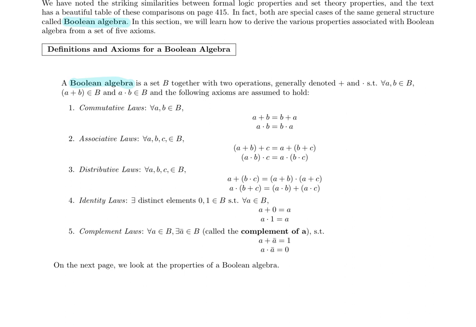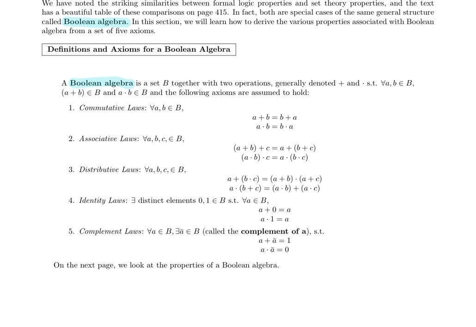Oftentimes the way we can think of Boolean algebra in relation to sets is if we see 1, we can think of the universal set. If we see a 0, we can think of the null set. And this will make a lot of the Venn diagrams make a lot of sense, and you can go back and see why some more of our arguments were true if you were able to work through them algebraically using Boolean algebra in chapter 2.